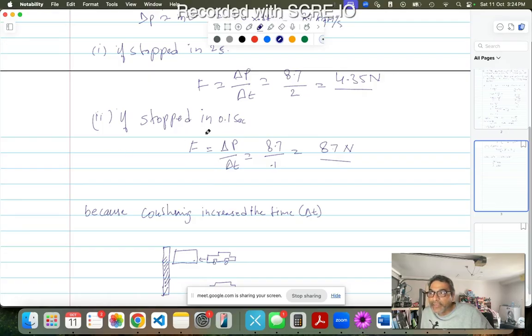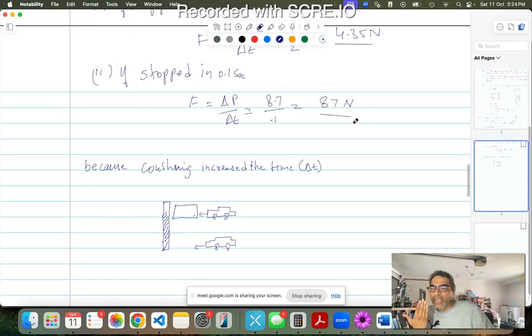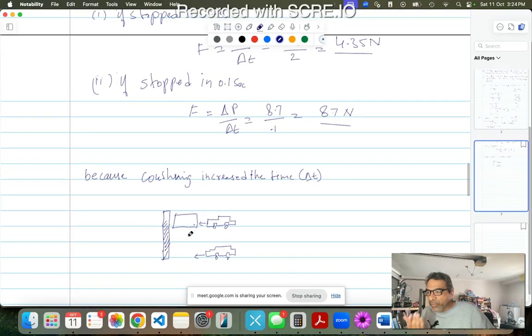But if it stopped, with or without the cushion, in 0.1 second, the force is 87 Newton. So you can imagine how hard it will hit without the cushion. That's why cushioning increases the impact time. That's why we use airbags, and sometimes it is said that the longer the car bonnet is, the fewer injuries for the drivers, because it gives some time to collide.